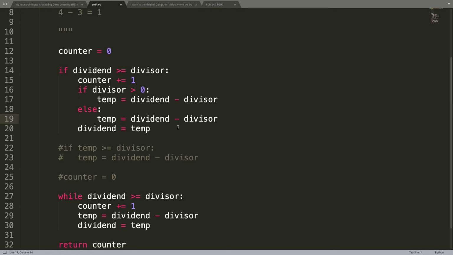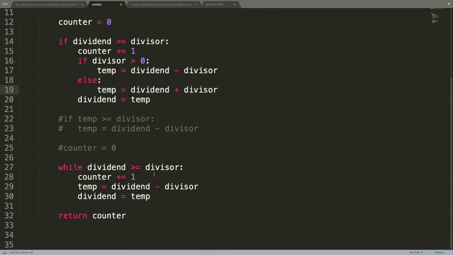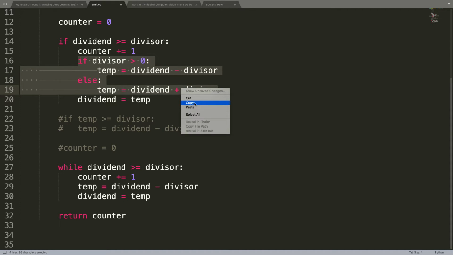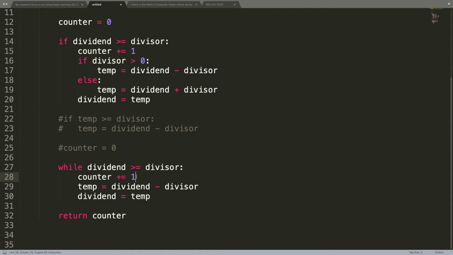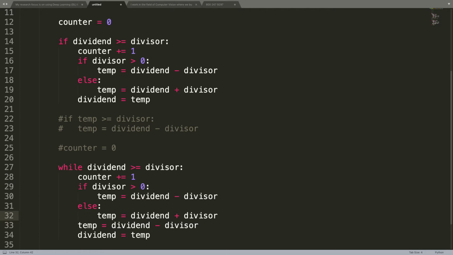Instead of minus, it does plus. That should work. Do the same thing here. Copy that. Put it here. And we can comment this one.